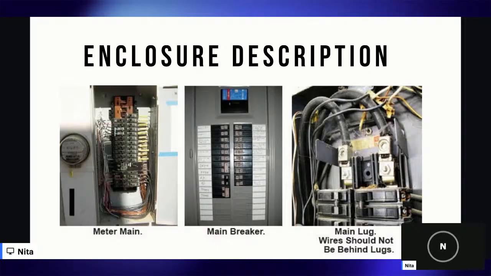In your sub panel, just write this down because it's a test question. I want to make sure you have it. In a sub panel, grounds and neutrals must be separated. I'm going to explain all of that, but just write it down.